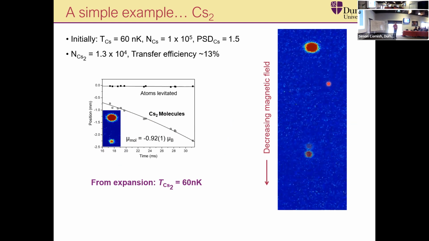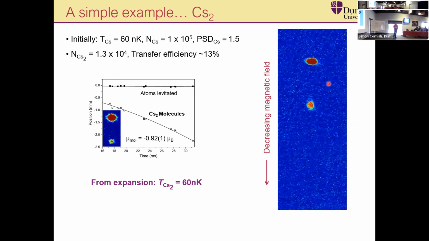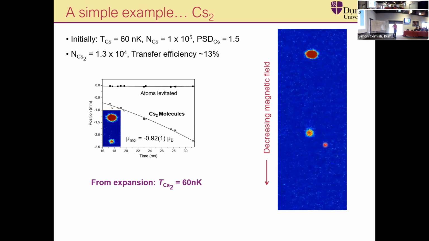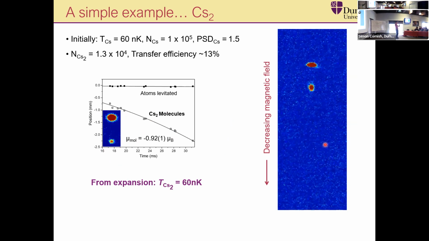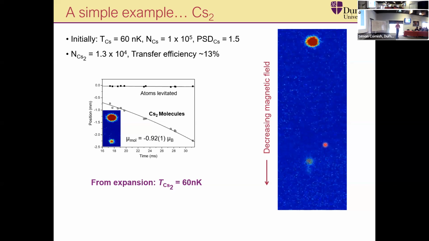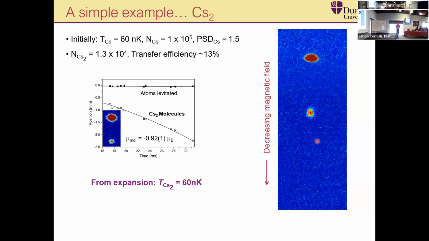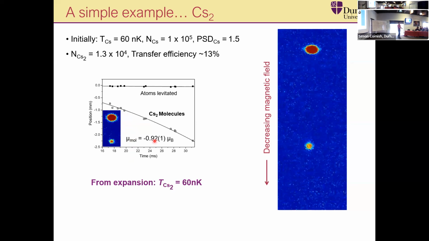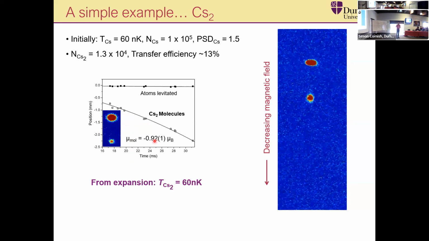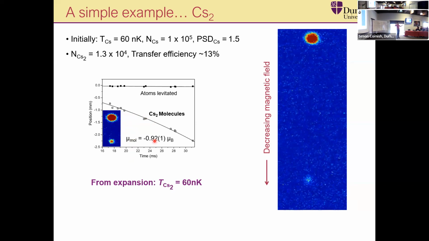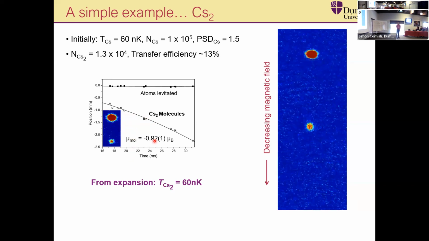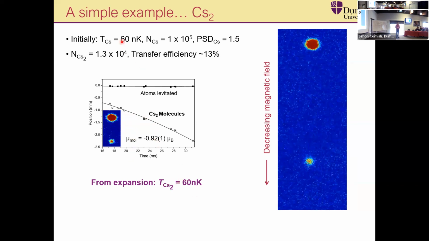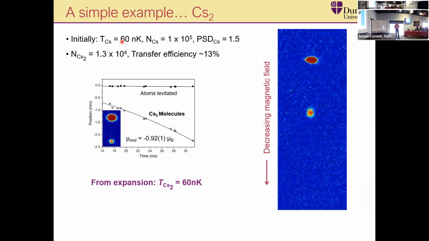So this is what it looks like: the Stern-Gerlach separation of the molecular cloud, which is falling, and an atomic cloud, which is slightly over-levitated, so it's rising up. From this, you can extract the magnetic moment by how quickly the molecule falls. You can also look at the width of the molecular cloud and extract its temperature. In this case, the temperature of the molecular cloud exactly matches the temperature of the atoms that are forming.